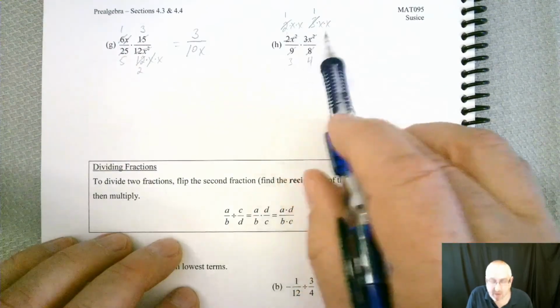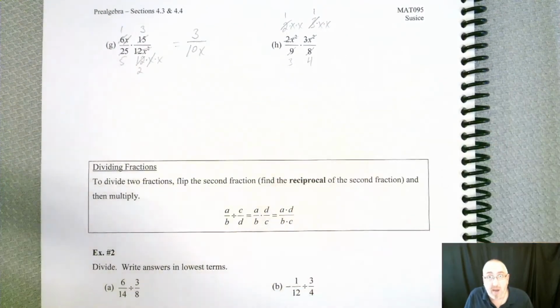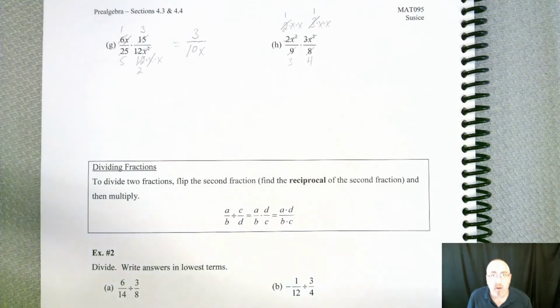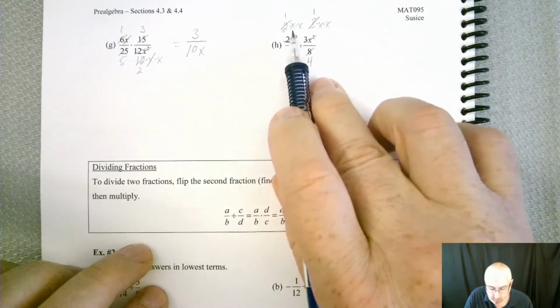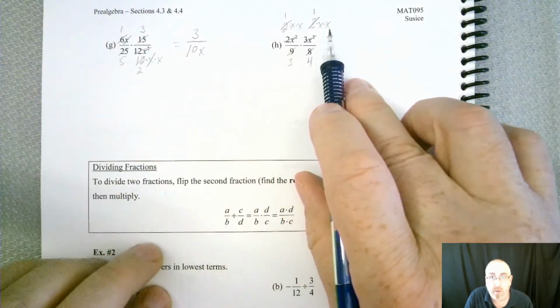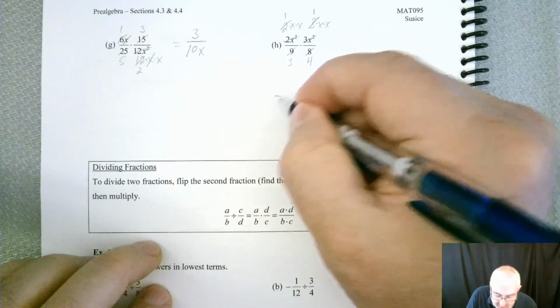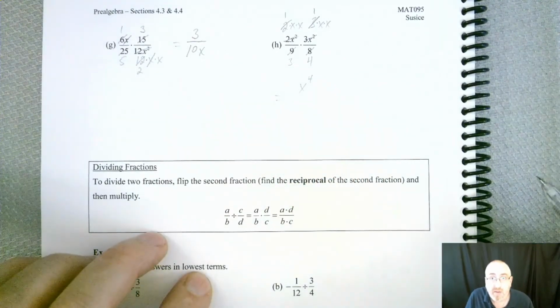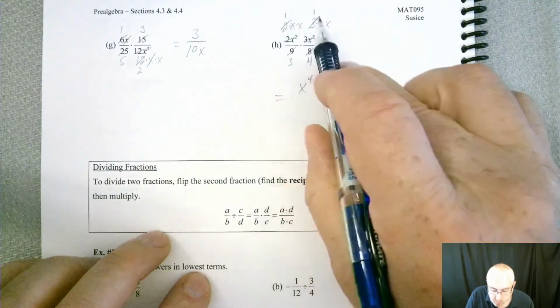Well, we can't really do anything with the x's because they're all on the top. They're not diagonally. They're not one on top of the other. So we're going to have to just squish them all together. So how many x's do we got? 1, 2, 3, 4 of them. So that's going to mean we have x to the 4th power on the top, and we got those 1s now.